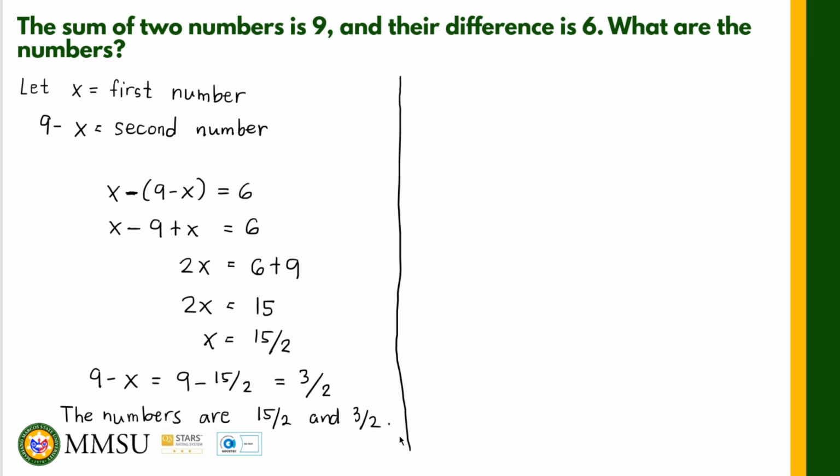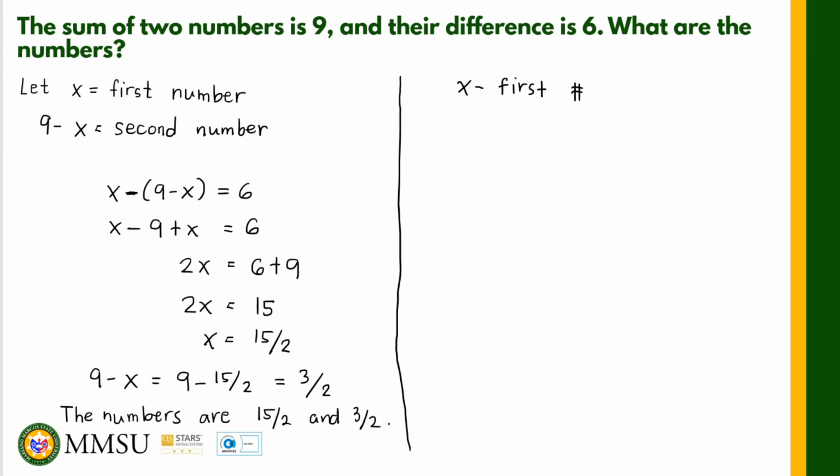Okay, so we are going to use the second statement to denote our second number. Okay, so parehas pa din na x is the first number. Okay, we know, ito naman ang gagamitin natin, their difference is 6. If their difference is 6, and the first number is x, then how are we going to denote our second number?